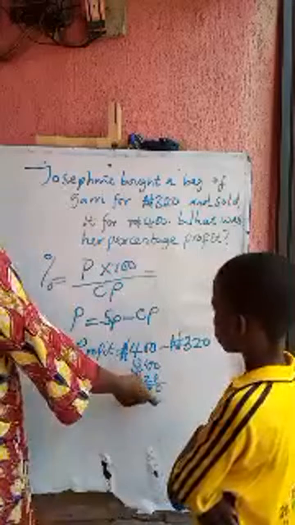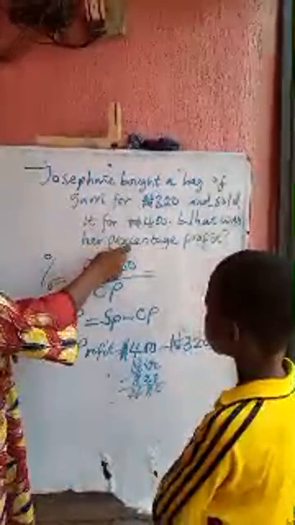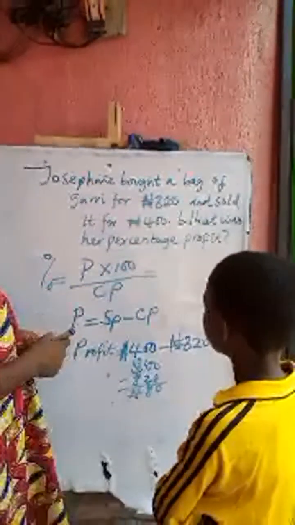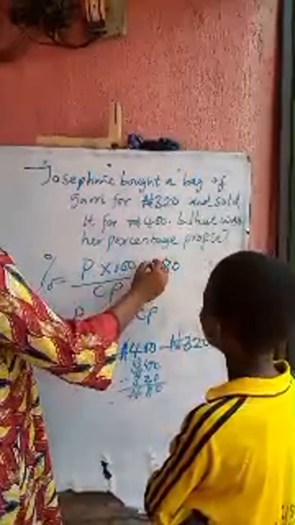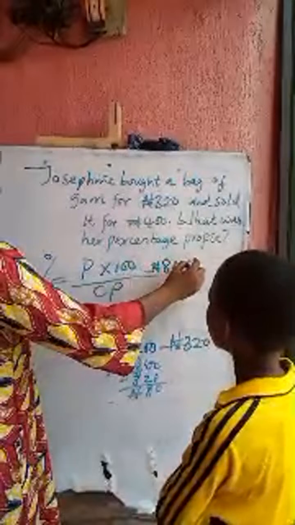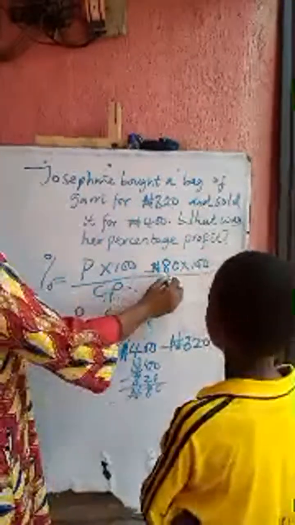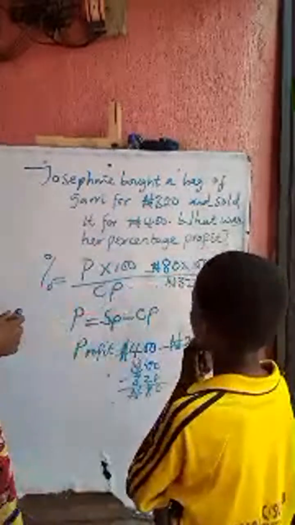So we come now to look for the percentage profit. We have gotten the profit, which is 80 naira. The question says, what was her percentage profit? So the profit is 80 naira times 100 all over 320 naira.